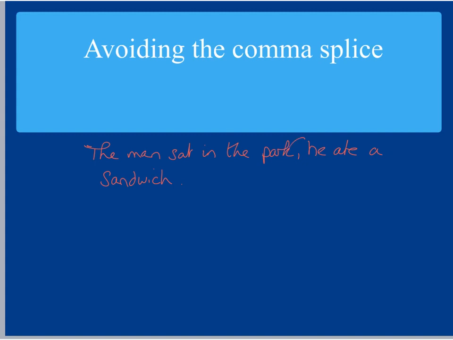Yes, it's a comma splice, so that is wrong. So how could you write it correctly? Well, the man sat in the park, full stop, he ate a sandwich. Or the man sat in the park and he ate a sandwich. Or the man sat in the park but he ate a sandwich. Okay, but not a comma.